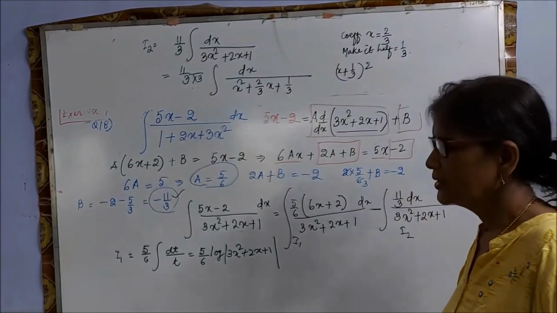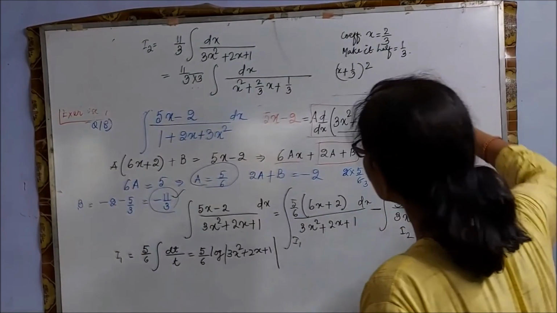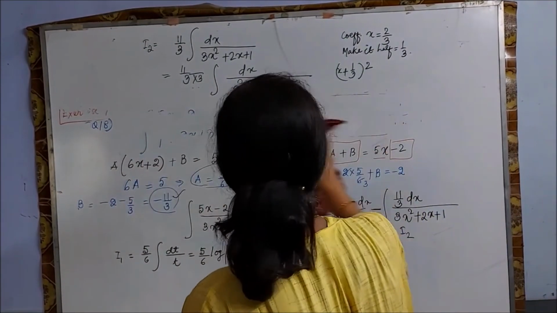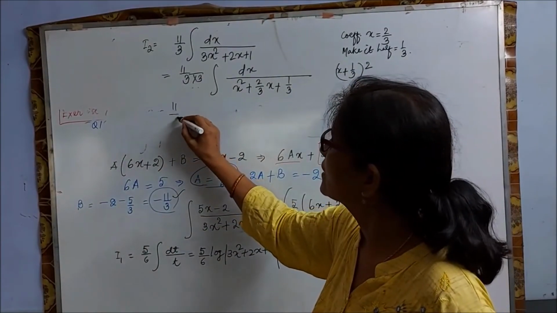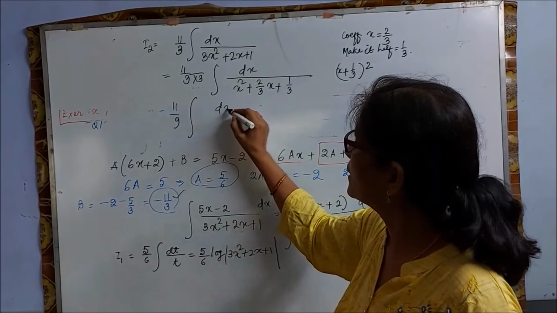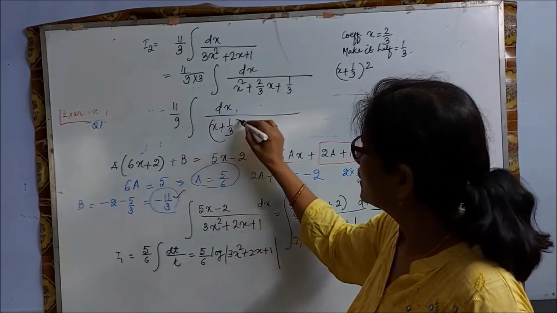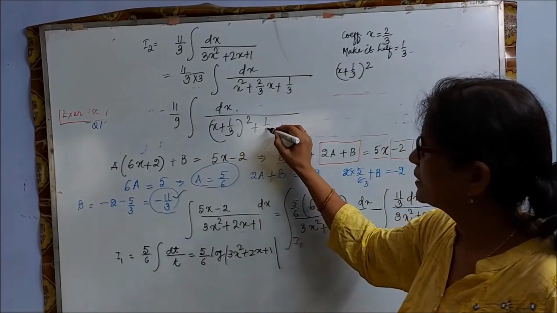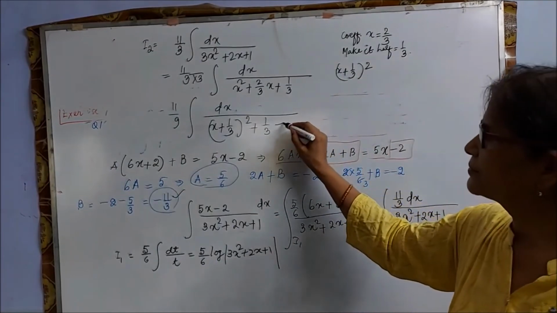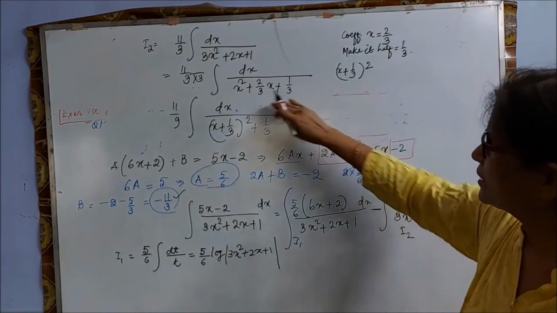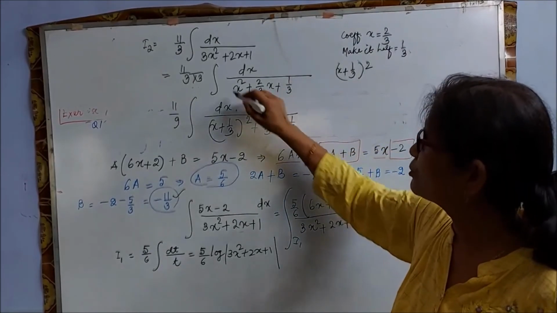This is the trick. So I will write this 11 by 9 dx by x plus 1 by 3 whole square plus 1 by 3. What else? I will subtract 1 by 3 whole square here, because I have taken inside it 1 by 3 square, then only it will be a whole square.